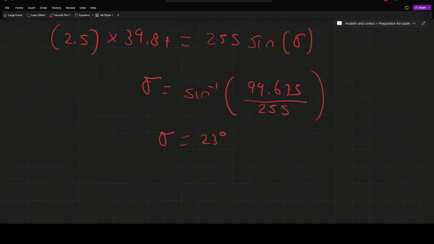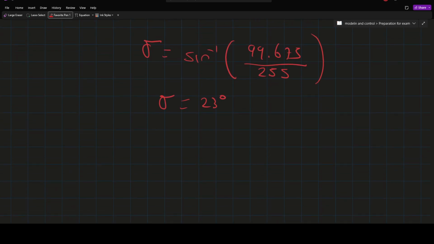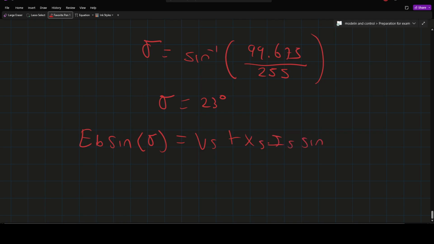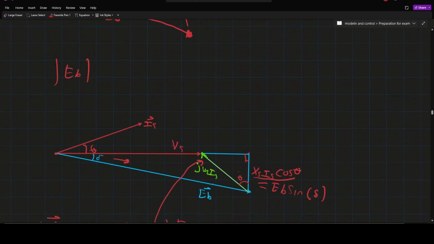Okay, now that we have our angle, we can say that EV cos of psi is equal to VS plus XS IS sine of theta. That is what we figured out here.